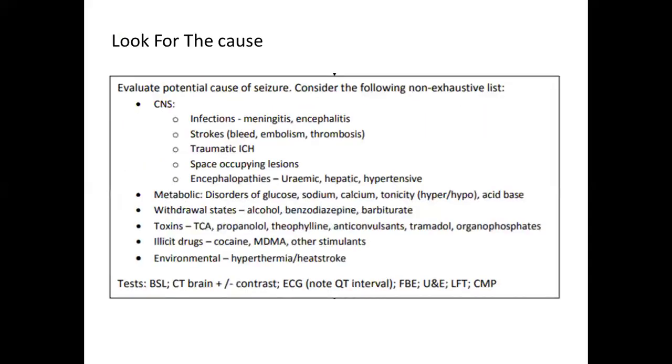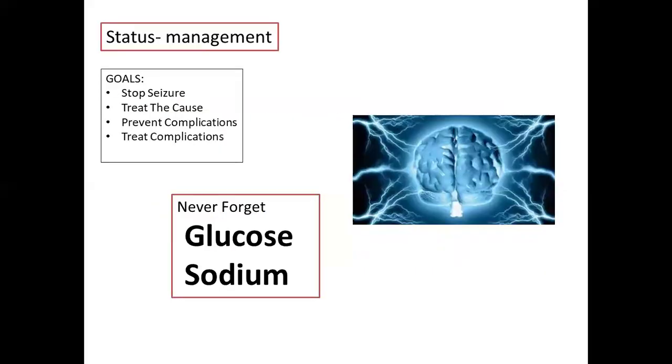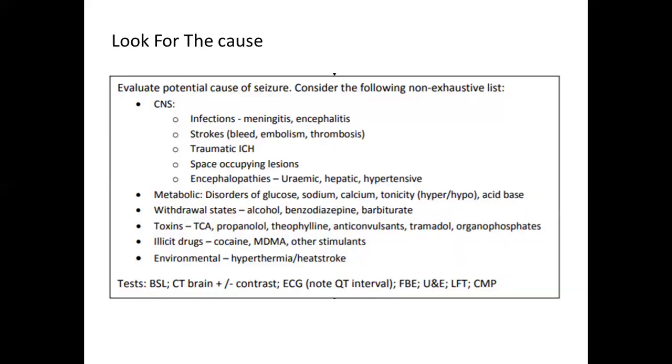If the patient is coming in status epilepticus, there are some priorities. What are the priorities? The first priority is you should stop the seizure. The second priority is you should look for the cause.